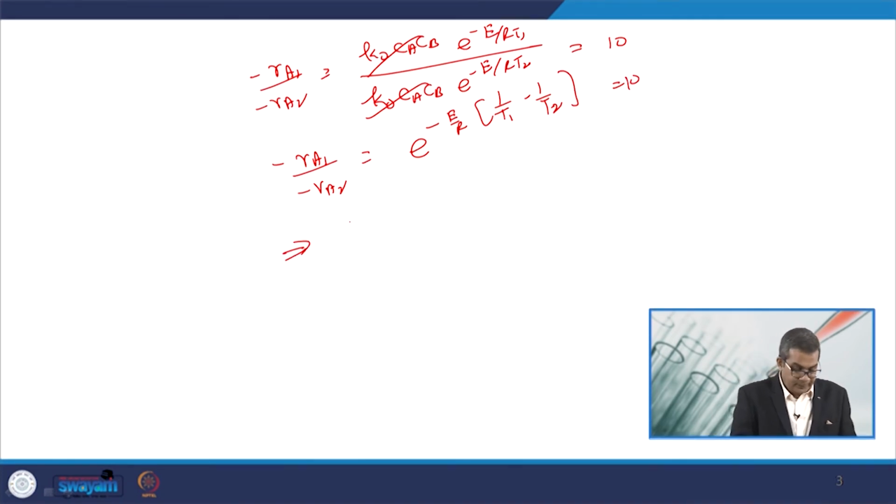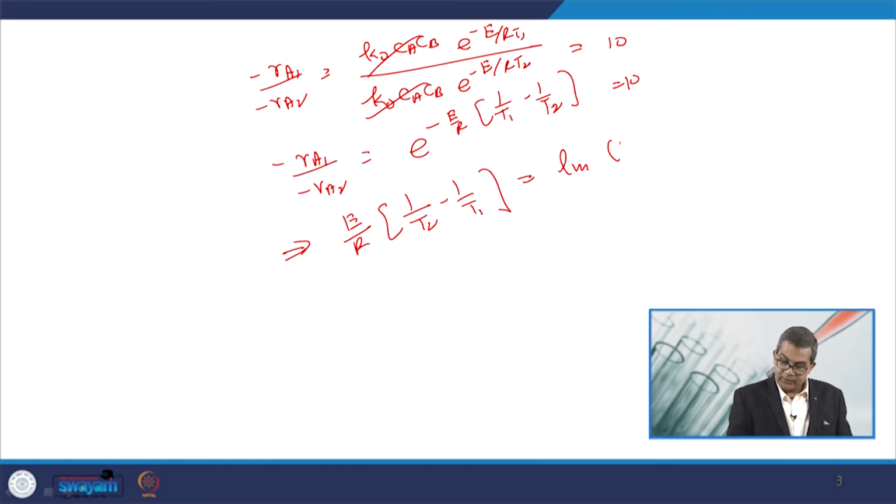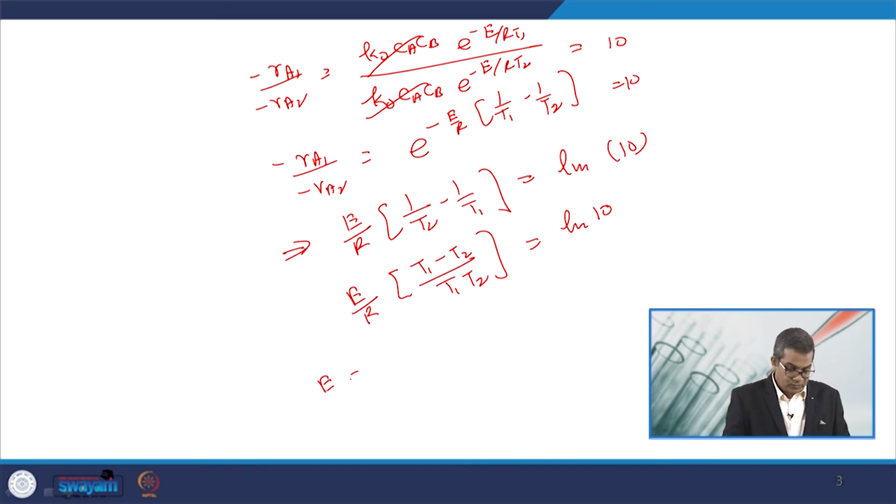And that is why E upon R into 1 upon T2 minus 1 upon T1 is ln 10, or E upon R into T1 minus T2 upon T1 T2 is ln 10. Now E is equal to ln 10 into R into T1 T2 upon T1 minus T2.